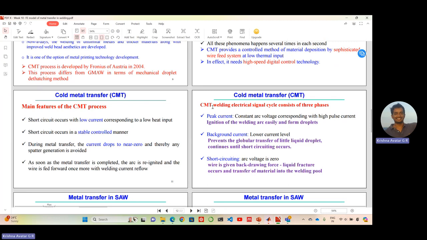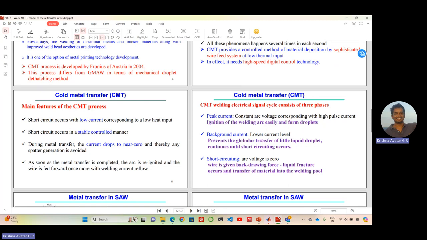In CMT welding, the electrical signal cycle consists of three phases. The first phase is the peak current. In this case, a constant arc voltage corresponding with high pulse current happens, the ignition of the welding arc takes place easily, and it forms droplets.